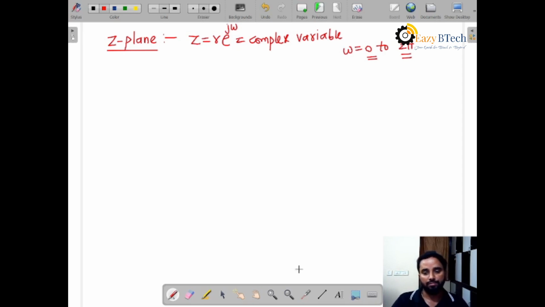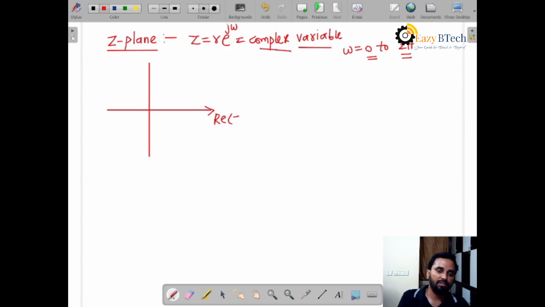So let's have the Z plane, x axis here, y axis. Z is a complex variable which contains a real part. Here the x axis is the real part of Z, or real axis, and the y axis is the imaginary part of Z, or imaginary axis. Now omega is the phase, and it will change from 0 to 2 pi.